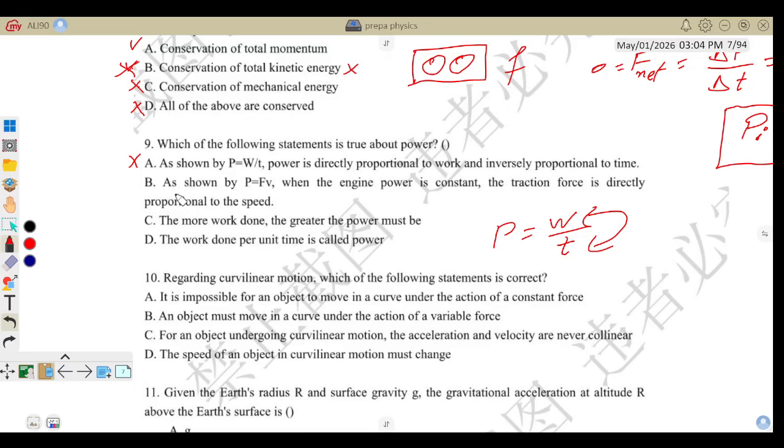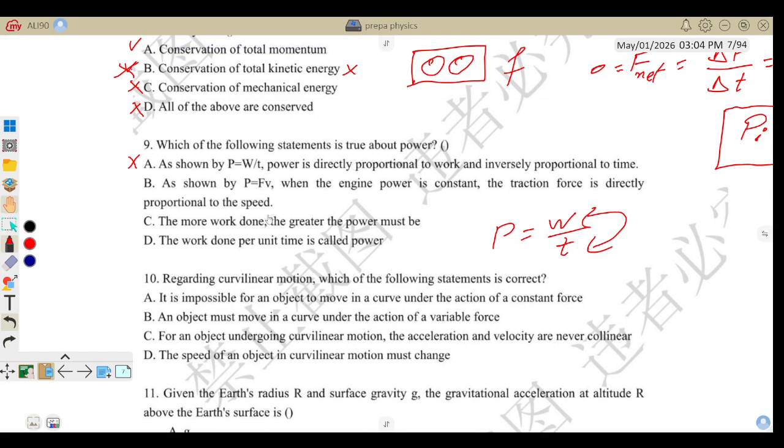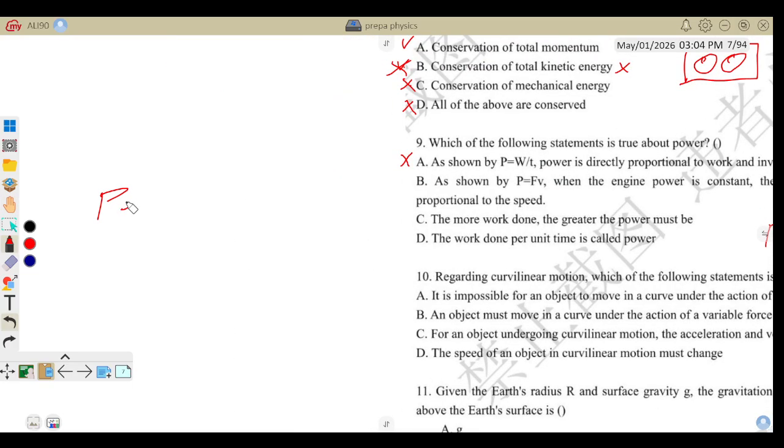For B here, as shown by P equals F times V, when the engine power is constant, the traction force is directly proportional to speed. If we take P as instantaneous power equal to F times the speed, and we take the power as a constant, the F would be P divided by V. We say P is a constant.